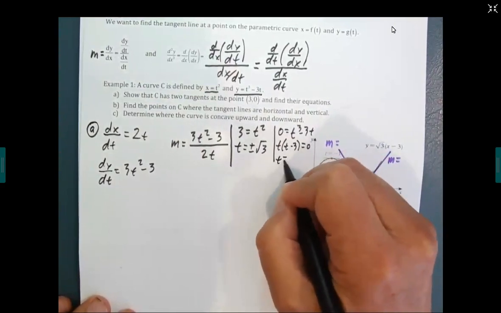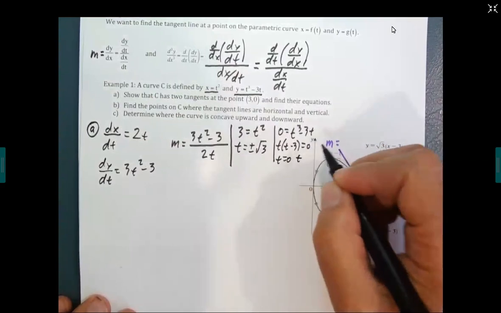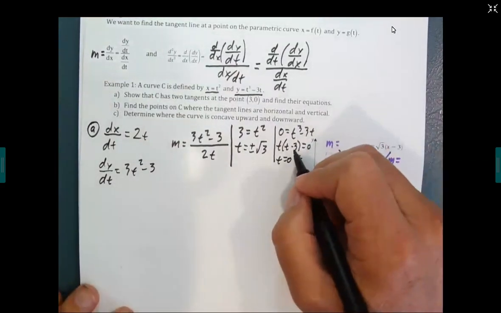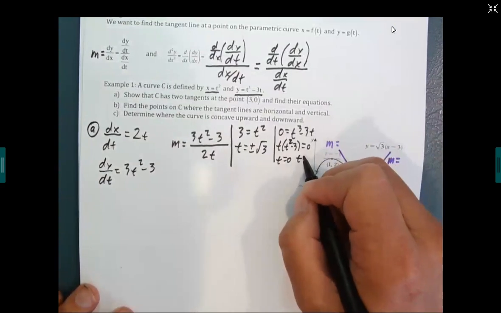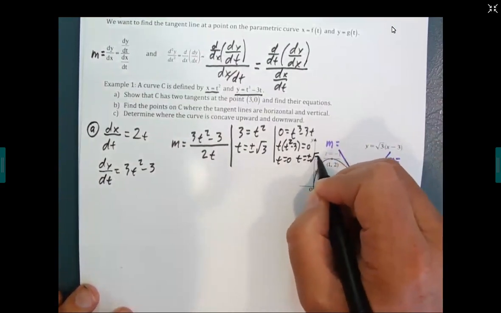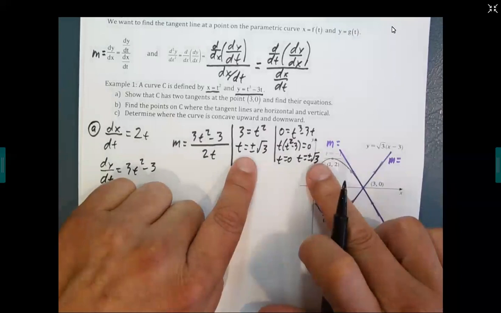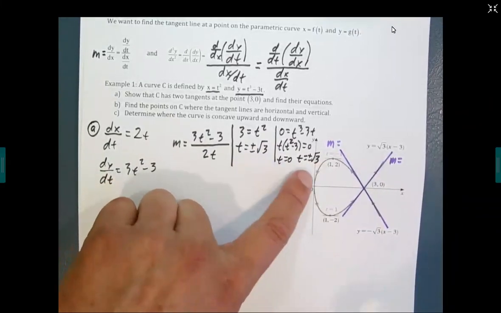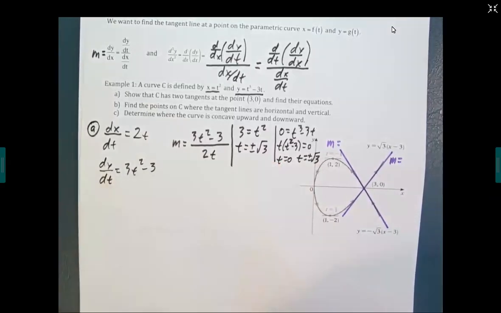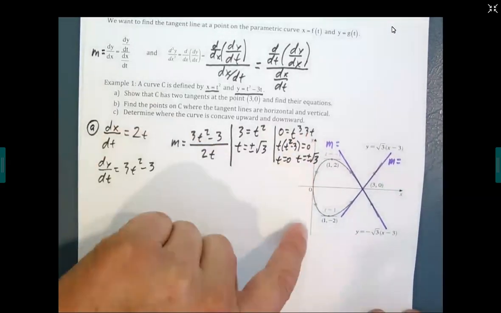This means t equals 0, and that means t is going to be plus or minus root 3 again. Now, these two jive, the 0 does not. It has to be a solution to both. So at t equals 0, we're not going to use that one as having a tangent that we're interested in. Now, you can see at 0, we actually have a vertical tangent.